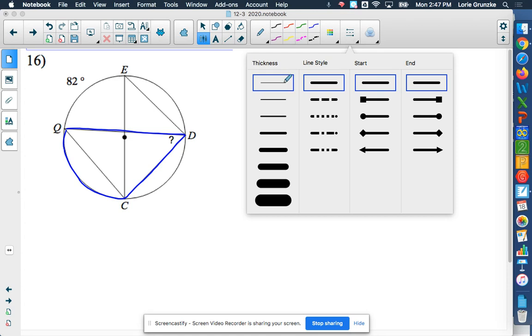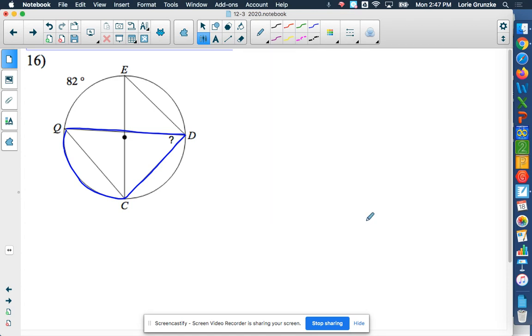I changed to red. And I'm thinking 82. Actually, I want to look at this thing. That thing goes right through the center of the circle, right over to here. Look at that. This is a 90-degree corner.